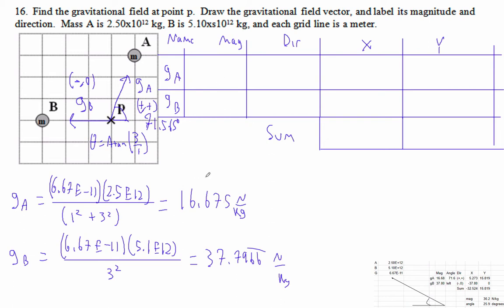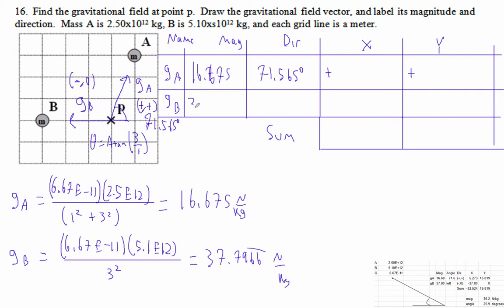Okay, so A has a magnitude of 16.675. And the direction of A is going to be positive x, positive y. It's 71.565 degrees above the x-axis, and that's why this is positive and that's positive.